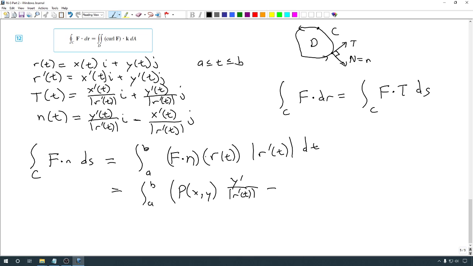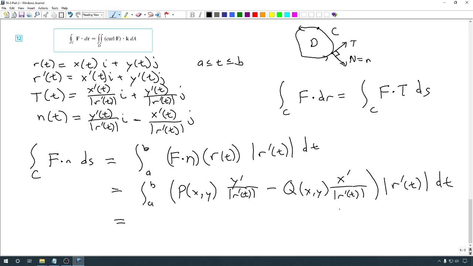Then we take the y component of F, that's Q, times the y component of N. That's why I put a minus sign there. We have an x prime over the magnitude of r prime. That's all going to be multiplied by the magnitude of r prime, dt. Of course, here's part of why we want to make this a unit vector.